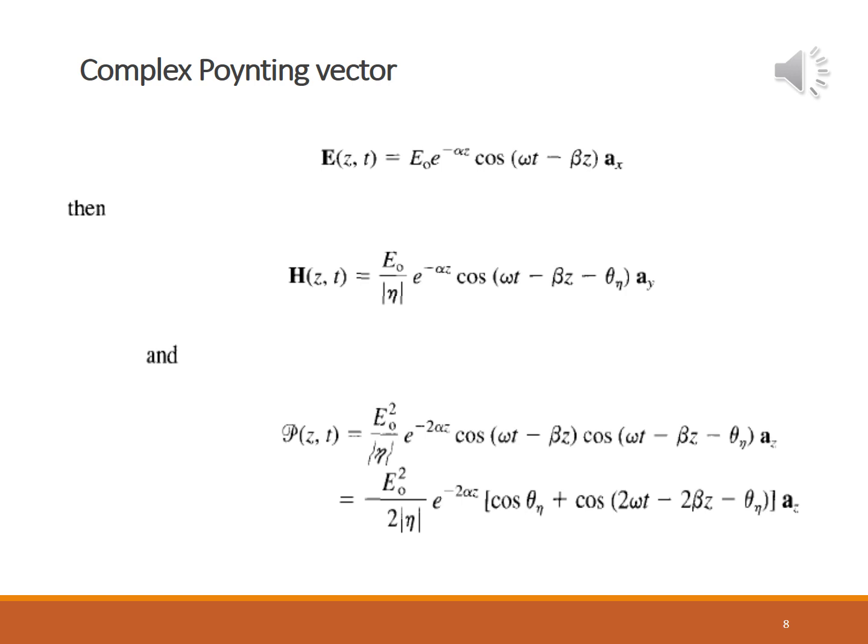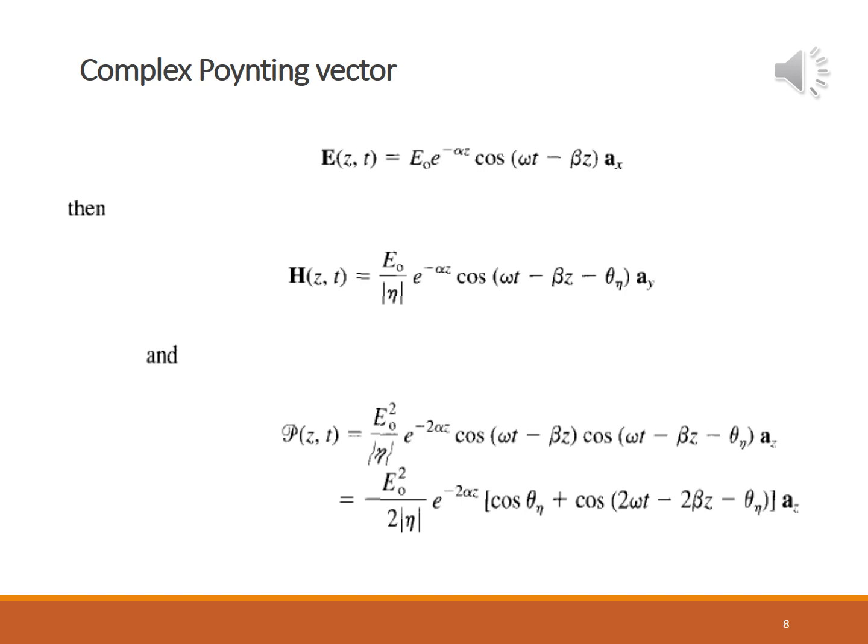But at the end, you will find an ax. That is because the electric field itself varies in the x direction. So the expression is E0 e raised to minus alpha z. This alpha has a particular meaning that we'll be discussing later in the 6th module. For now, you just understand that E0 e raised to minus alpha z, that part represents the maximum value.